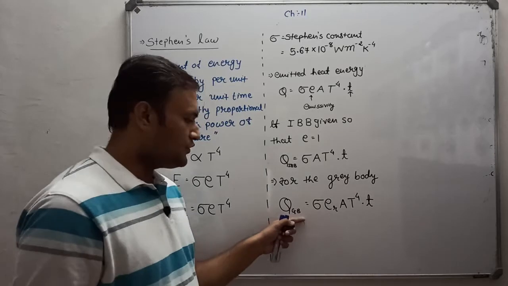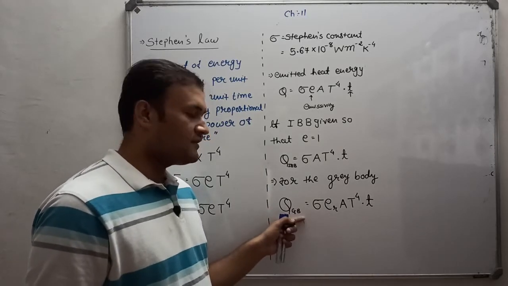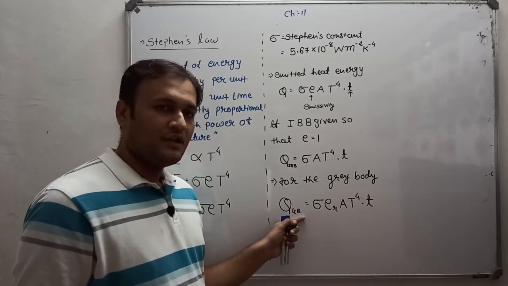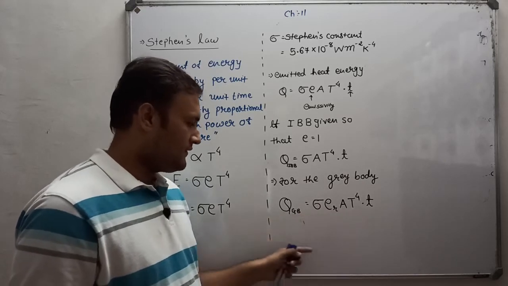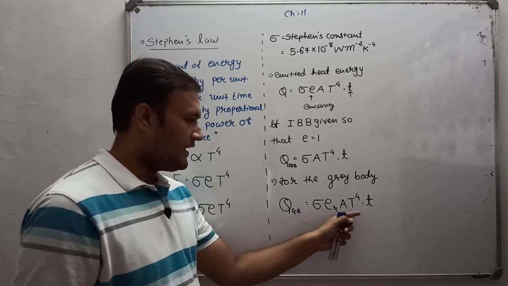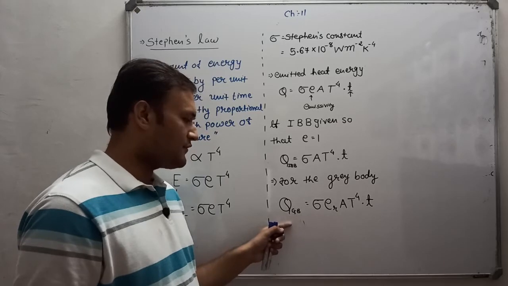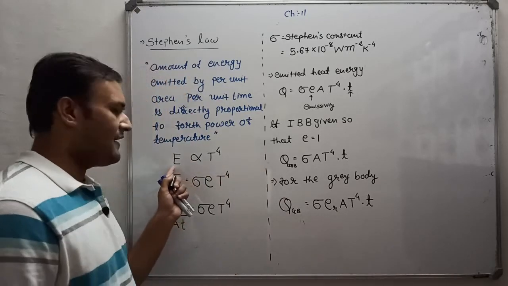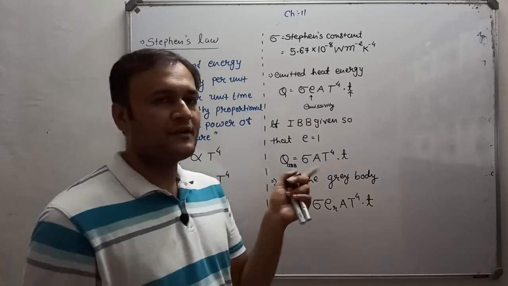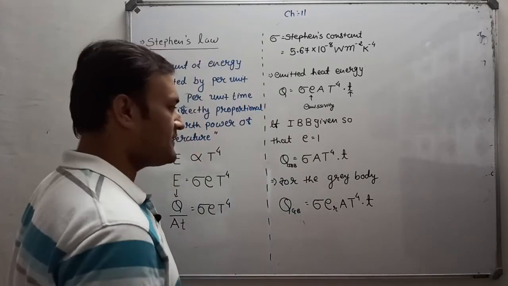We will use this equation for the grey body. If we put A into t on the other side, we get energy per unit area per unit time. Okay, that's simple.